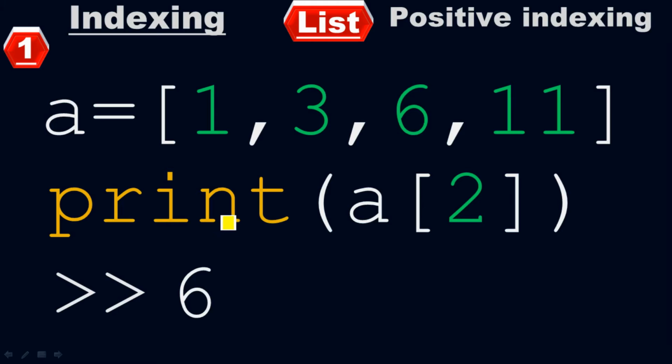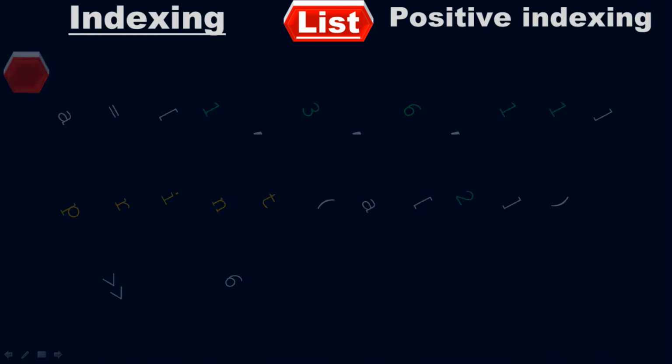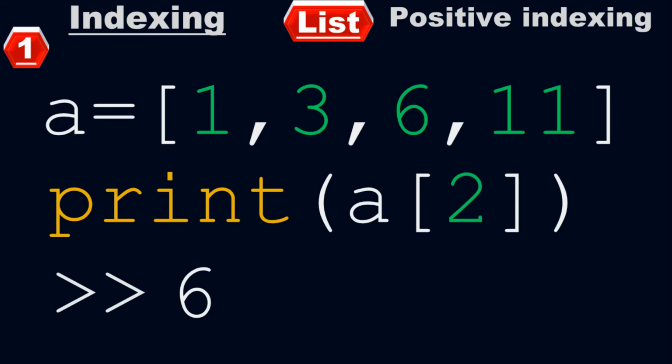This is the way to find the index of a list. Print of a of 2 inside the closed bracket. Don't forget this closed bracket. I repeat, it is the index value. When you put 2, it will return 6. The index value for 11 is 3. When you put 0, you will get 1 here. So this is one way to find the index of the list.